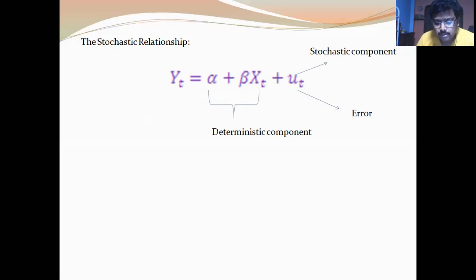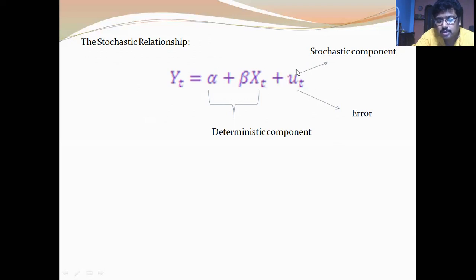Unpredictable element of randomness in human responses. This term ut represents the unpredictable element of randomness in human responses.